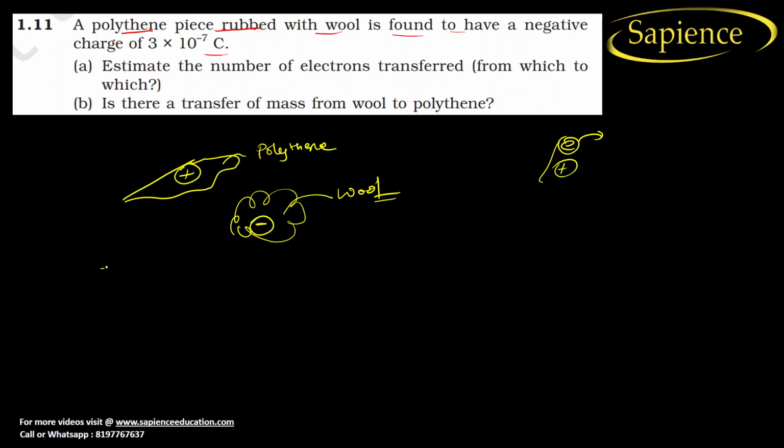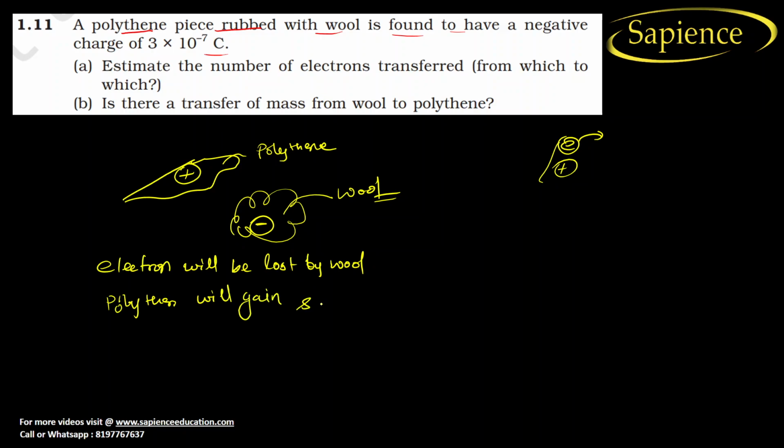So from here, electrons will be lost by wool, and polythene will gain the same number of electrons, right?